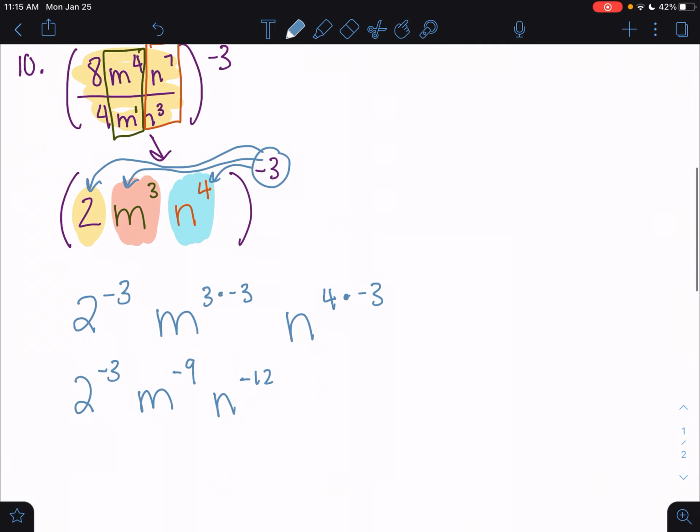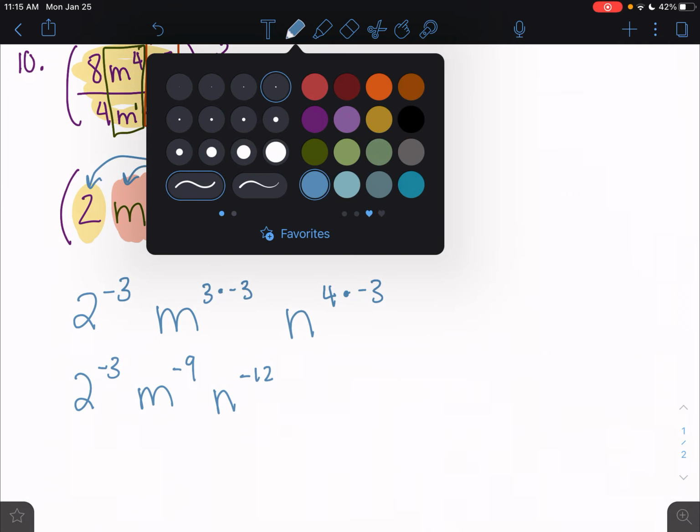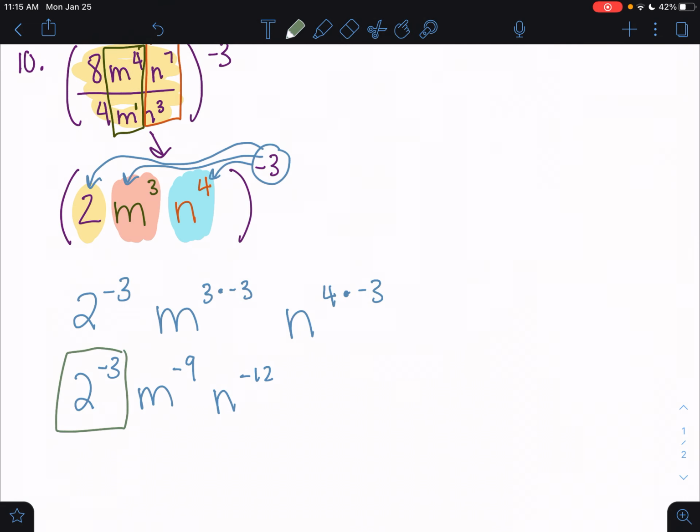Okay, now let's start with just simplifying down our 2 to the -3. So we don't want negative exponents, we're going to use our rule. So we want to turn this into a fraction, 1 over 2 to the 3rd. When you turn this into a fraction, that negative sign in that exponent disappears because we've put it in the bottom.